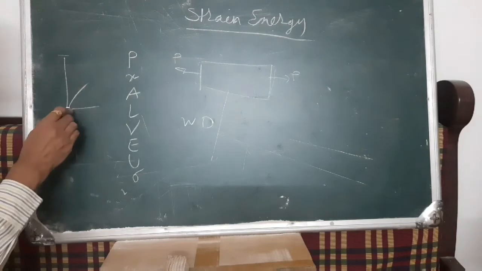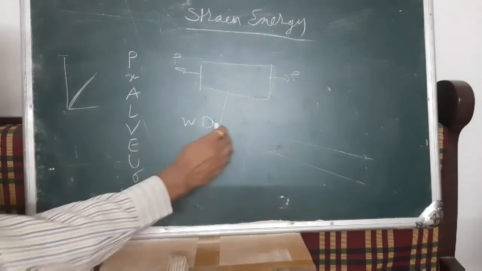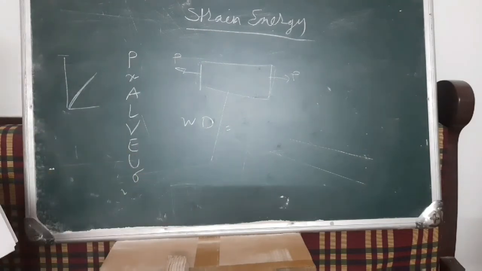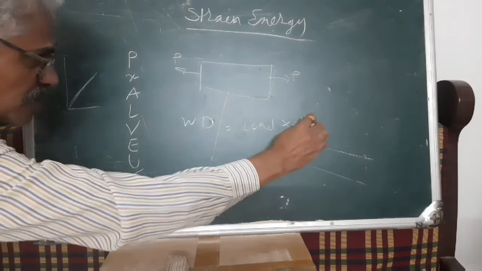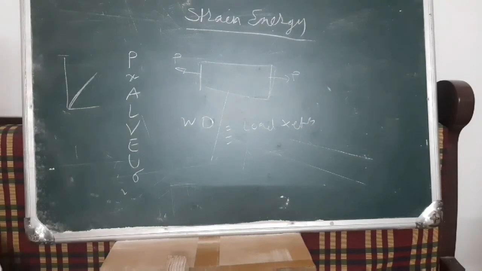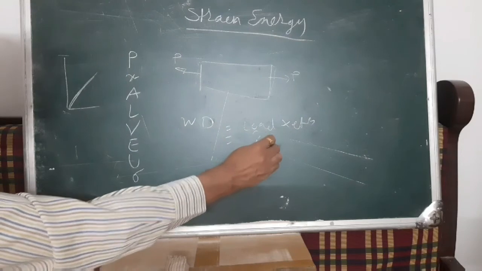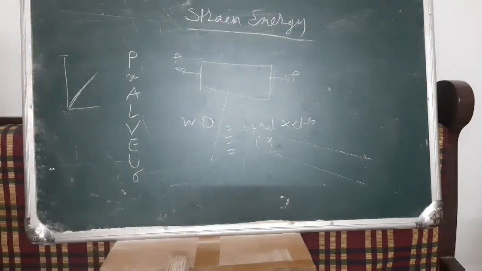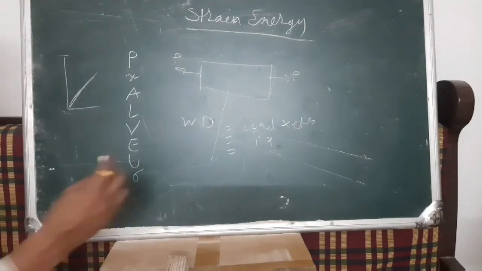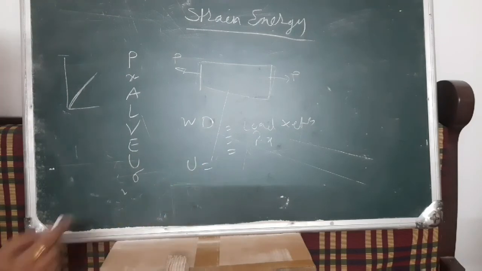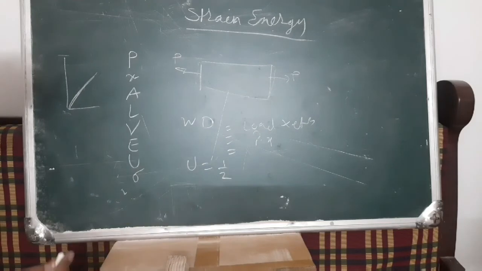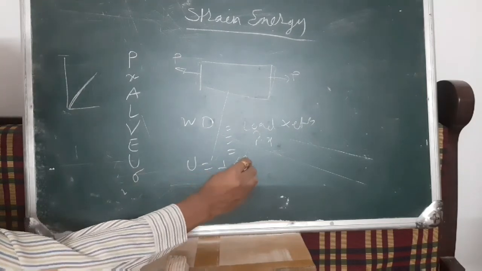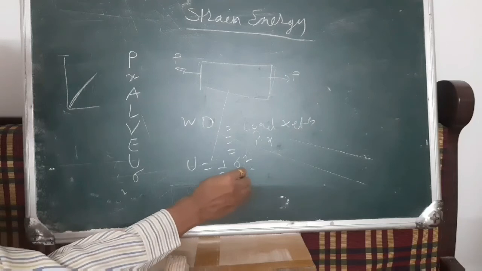The work done will be load into extension, that is P into x, same as the previous case. So what will be the strain energy stored in the body? U will be equal to 1/2 sigma square by E into V.